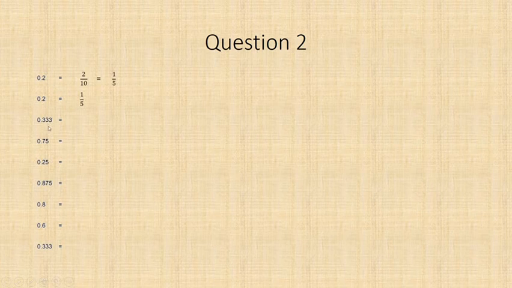0.333, what do you think about that? Yes, exactly. It's 1 over 3. It's in the previous slide. That's why I need you to just memorize it. So 0.333 is 1 over 3. Okay, 0.75. It's 2 decimal places, so it's 2 zeros in the denominator, so it's going to be 75 over 100. And simplify.